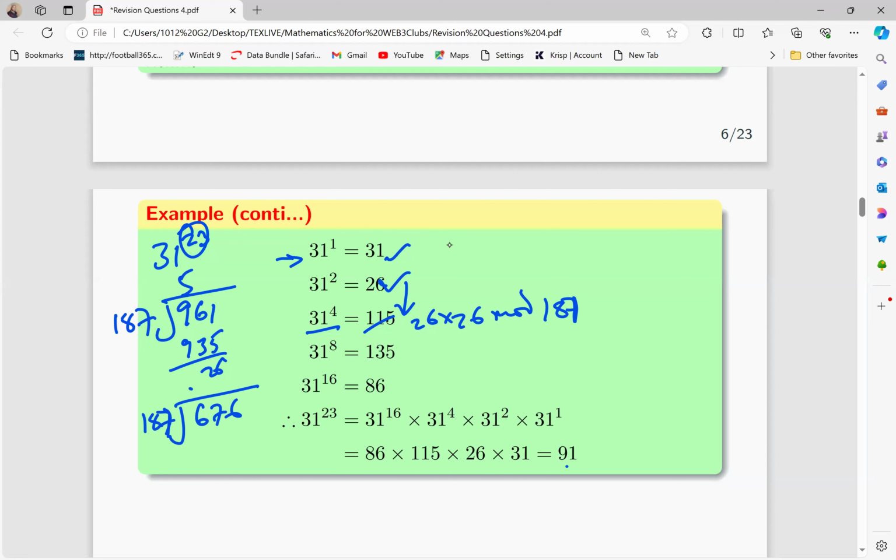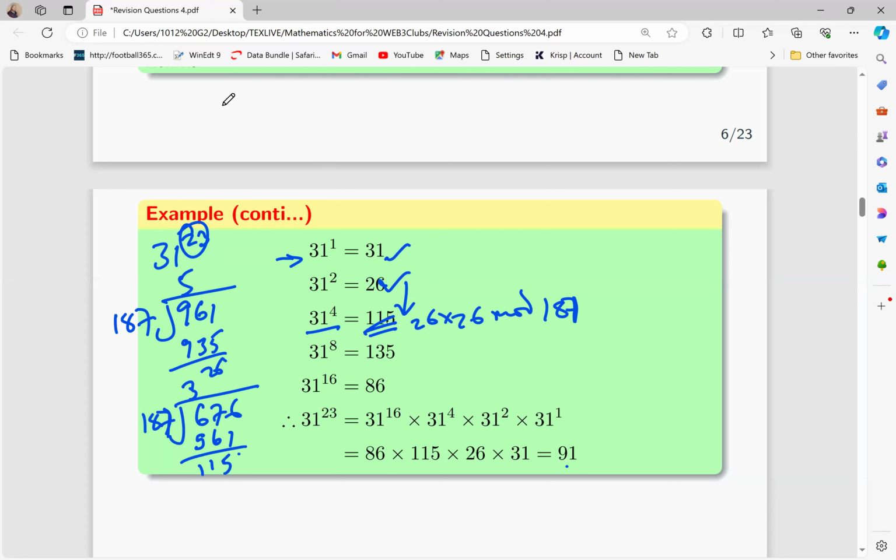What's that product? 561. What's the difference? 115. That's what you see I had written there.